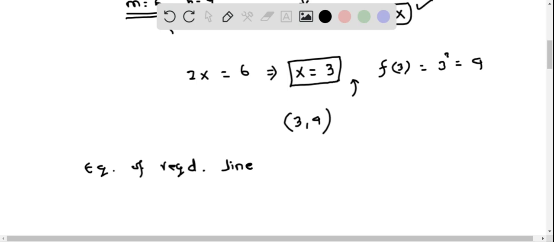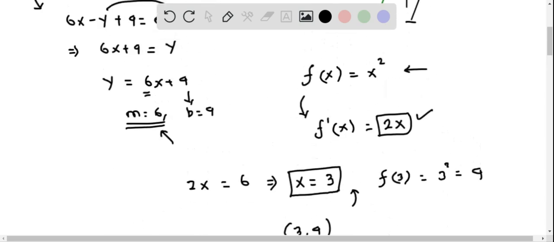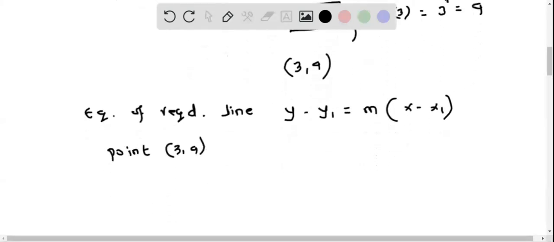Here we can use the point slope form, that is y minus y1 equals m times x minus x1, where the point is 3 comma 9, and the slope of the line equals the slope of the other line to which it is parallel, which is 6.